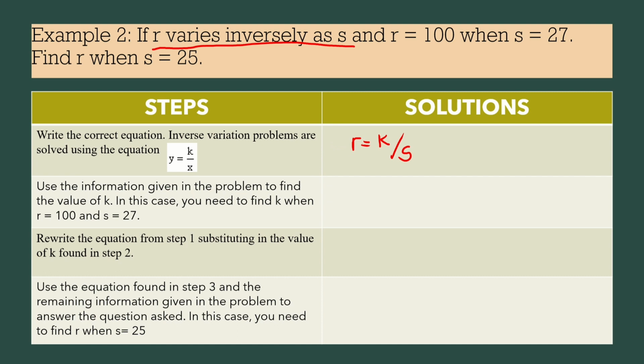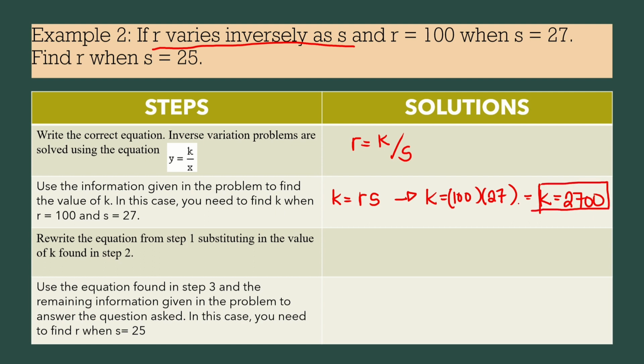Next, we're going to find the value of k. To solve for k, we simply get the product of r times s. We know that the value of r here is equal to 100 and the value of s is 27. So 27 times 100, our k is equal to 2,700.